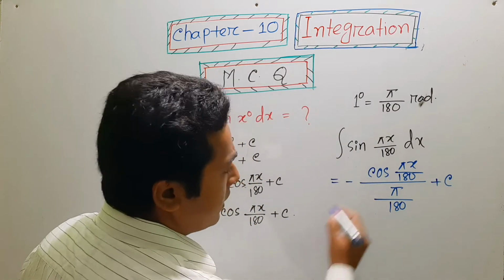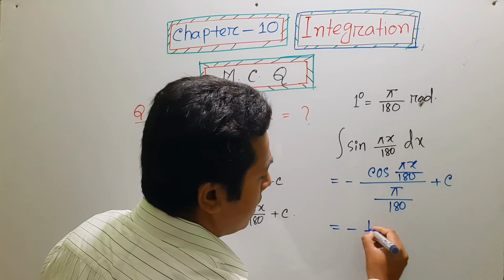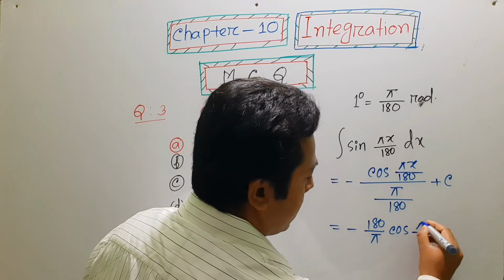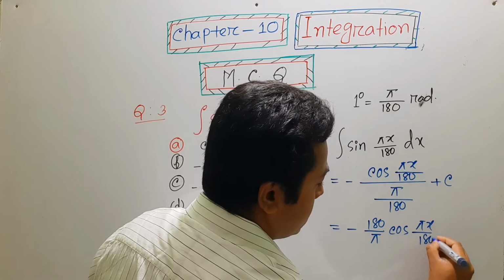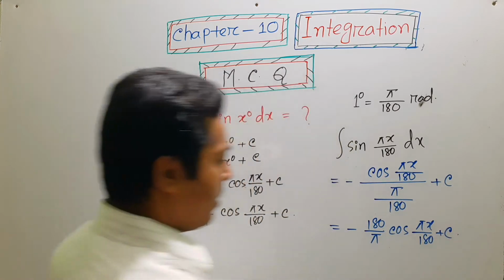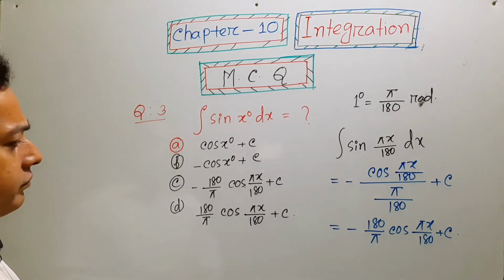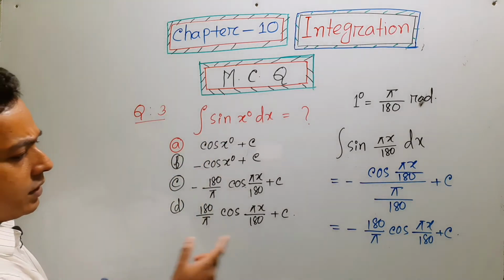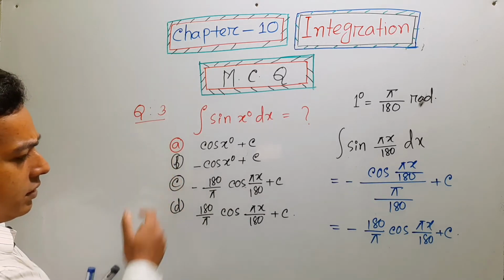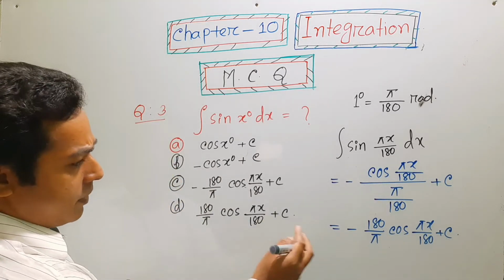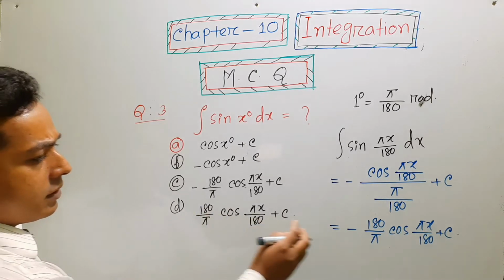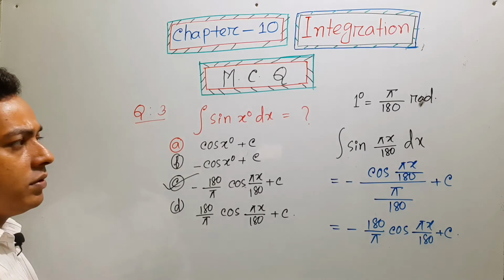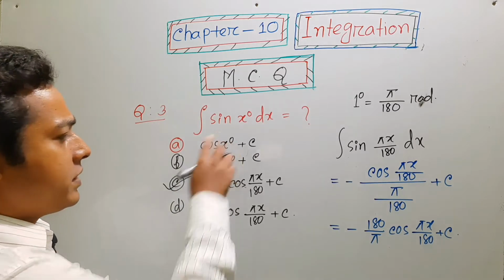Here we can write it as minus 180 divided by pi cos of pi x divided by 180 plus c. So the answer option of this question, minus 180 divided by pi cos of pi x divided by 180, answer option C will be the right answer for this question.